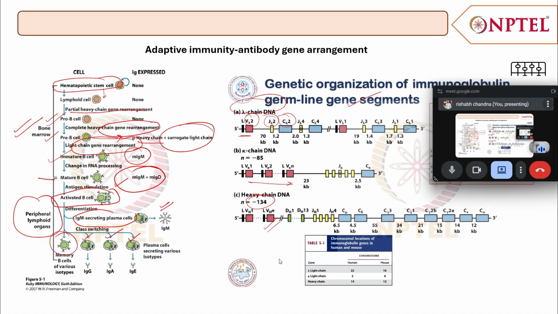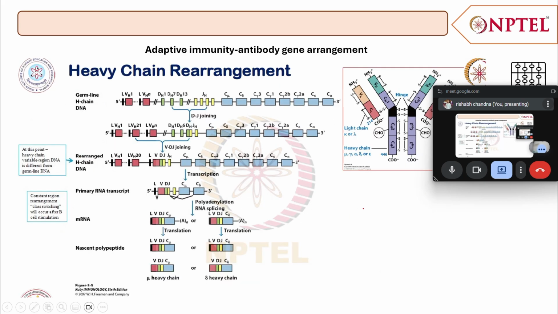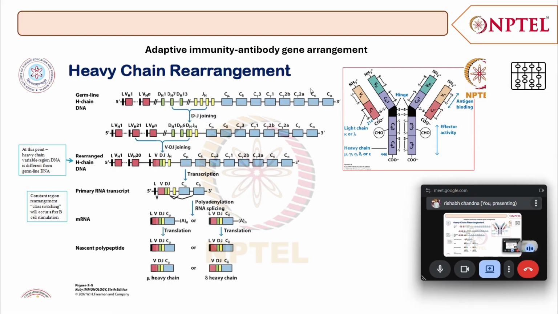The lambda light chain is present on chromosome 22 in humans and on chromosome 16 in mouse, the kappa light chain is present on chromosome 2 in humans and 6 in mouse, and the heavy chain is present on chromosome 14 in humans and 12 in mouse. So moving on to the heavy chain arrangement, as we have seen, the germline DNA is this one.